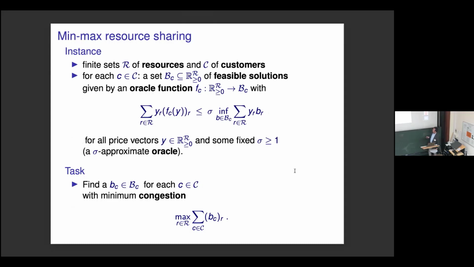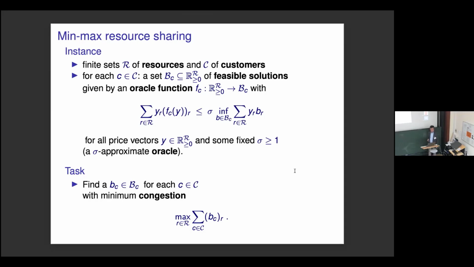So b_{c,r} would be what the solution for customer c uses from resource r, the percentage of the available amount that that resource has, say. And you want this actually to be at most 1, then you satisfy all the constraints. Or we can just say we minimize the maximum. That is a different way of doing it. Okay, that's of course a difficult problem. It still contains disjoint paths and so on.